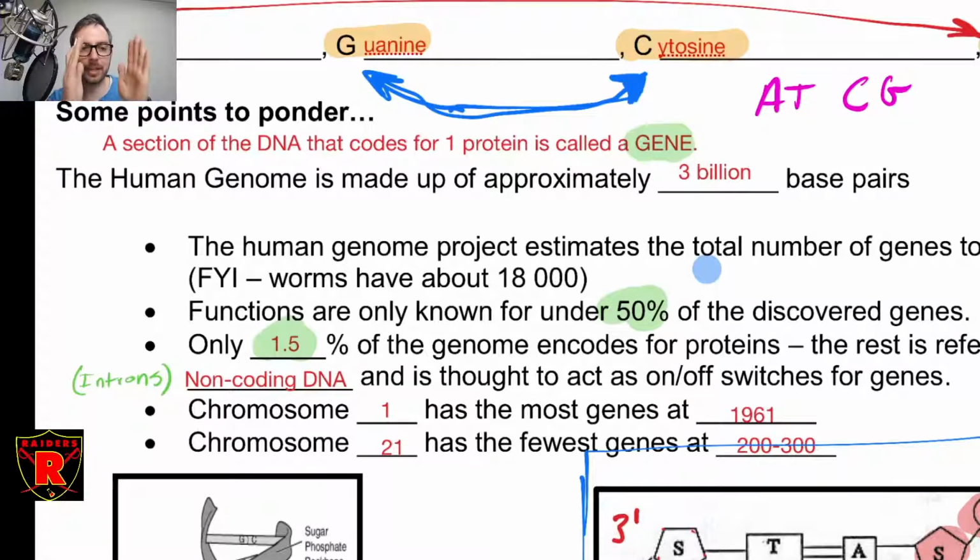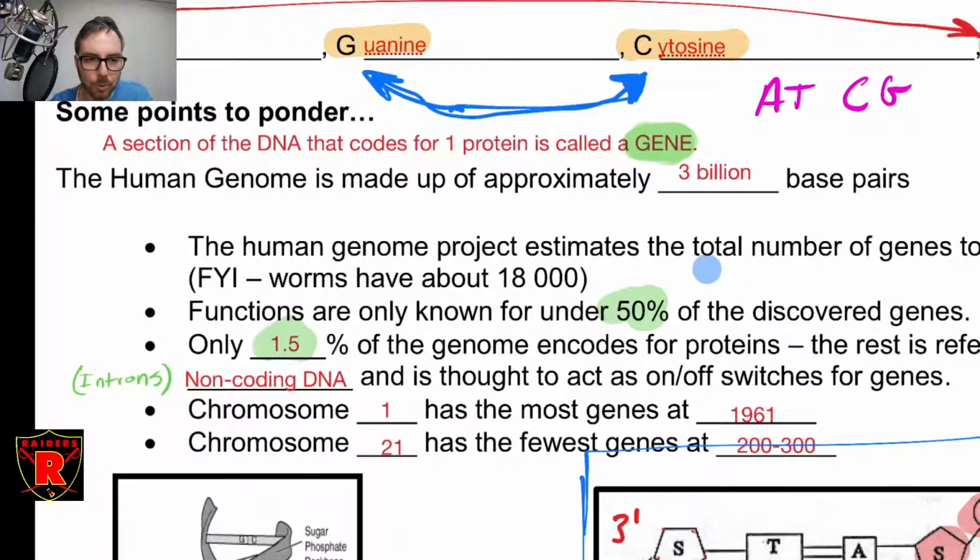One protein will be like this area right here is a protein, and this area here does one protein. That area that does a single protein is called a gene. So when we're talking about genes and genetics, we're talking about the sections of your DNA that code to make one single protein. So this area makes a protein, that's a gene. This section makes a protein, that's a different gene. Okay? So a gene is a section of DNA that makes a protein.